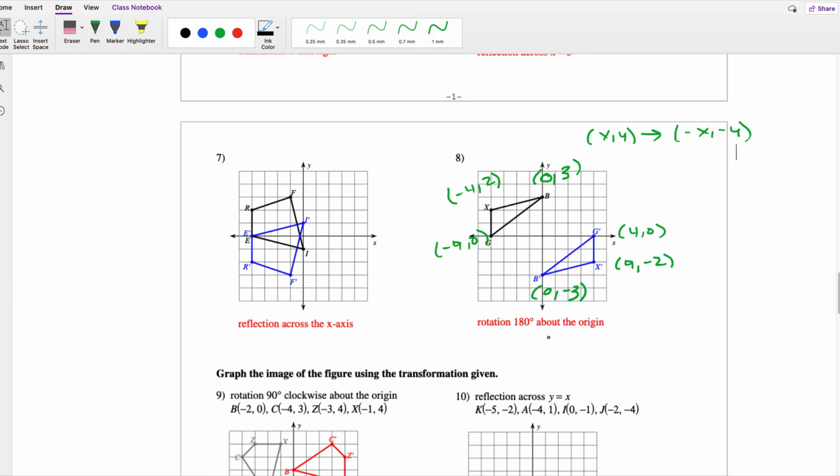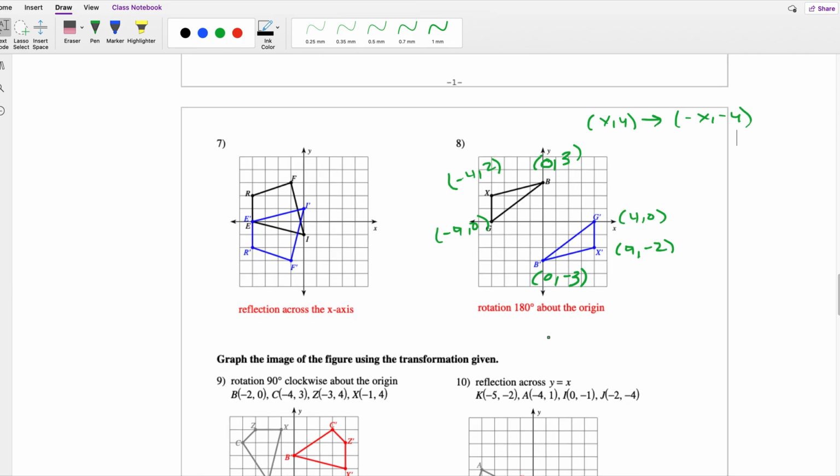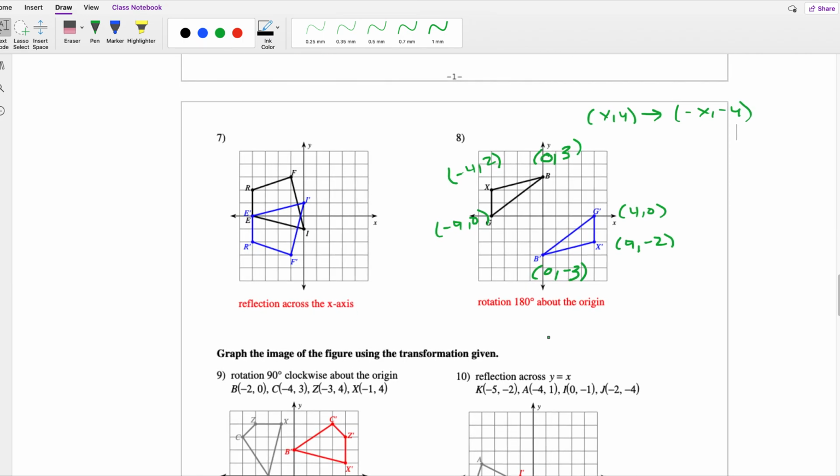Now, many of you noticed, and a couple people said this was the result of 2 reflections. Some people said first we reflect about the x-axis, and then we do a second reflection about the y-axis.